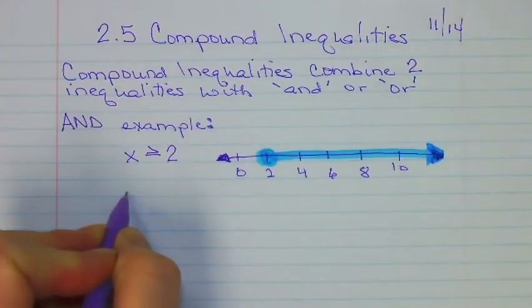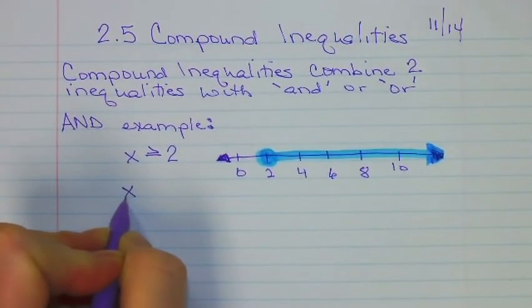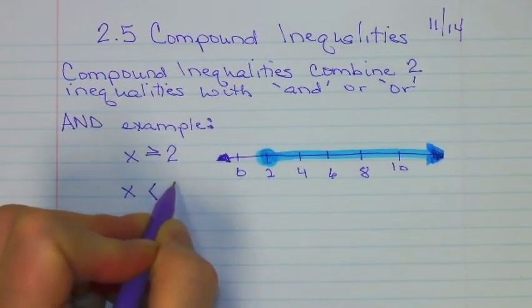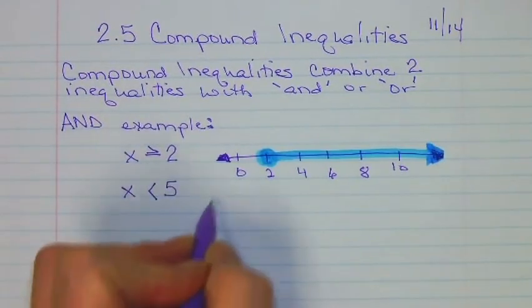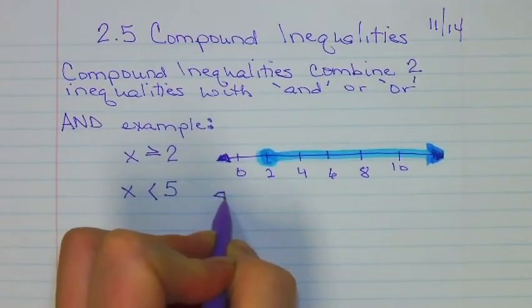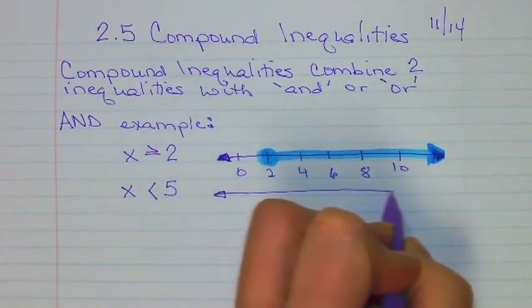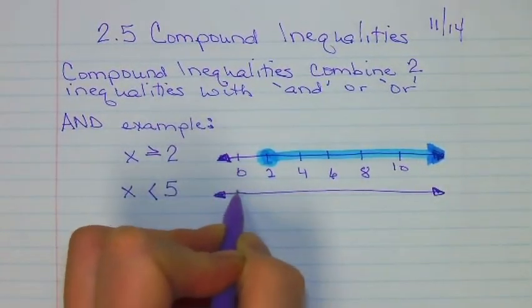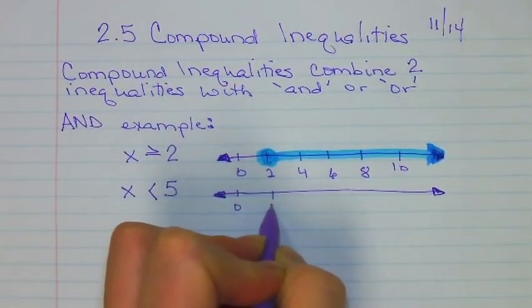What if I have another one that's x is less than 5? Let's use the same markers for our line.